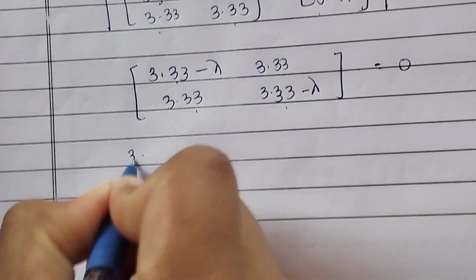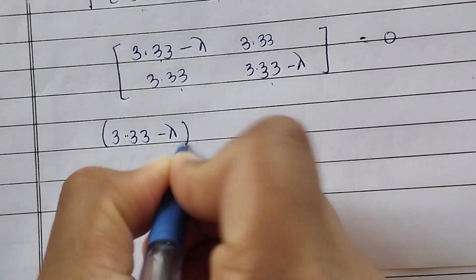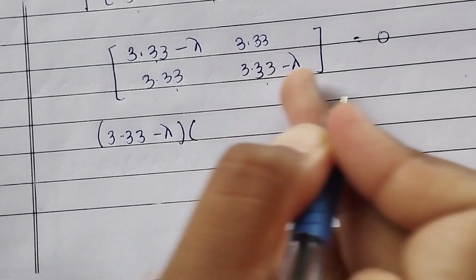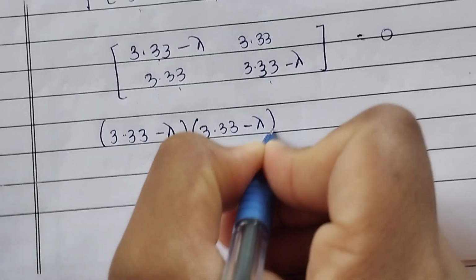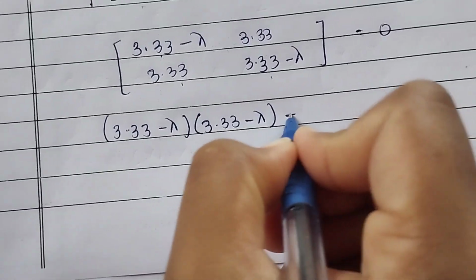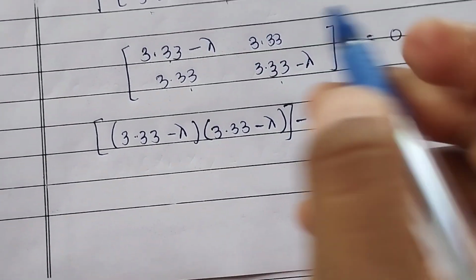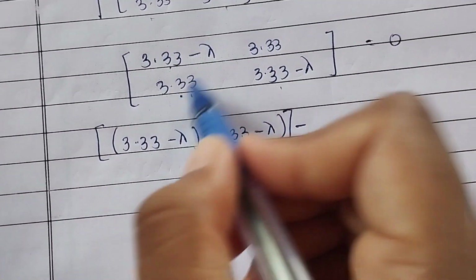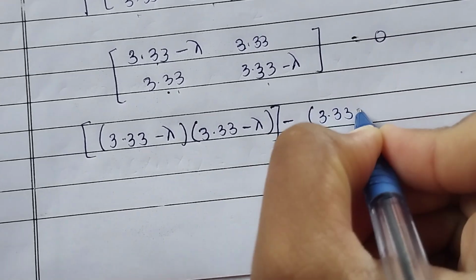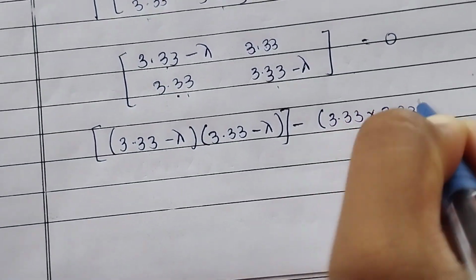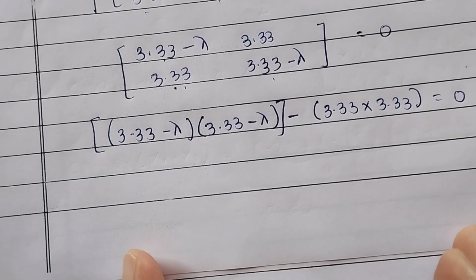So (3.33 minus lambda) into (3.33 minus lambda), minus this one term, 3.33 into 3.33, is equal to 0. Now just solve the equation.